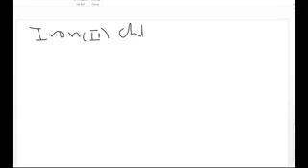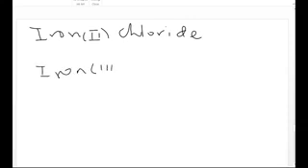For example, if I have iron, let me write the compound. Let me say iron 2 chloride and iron 3 chloride.